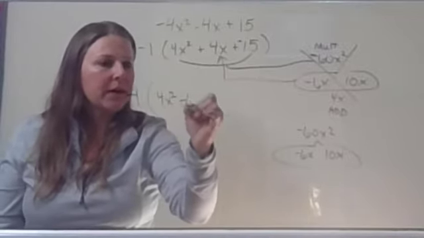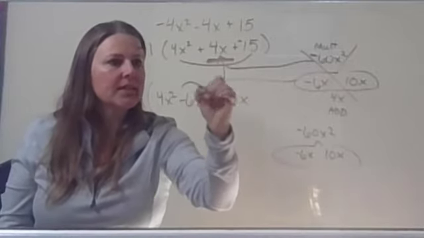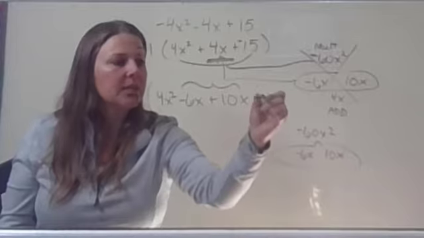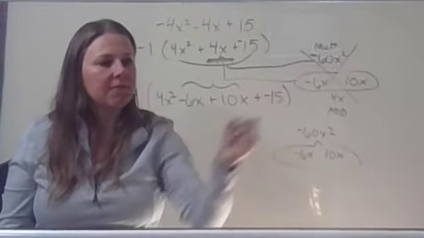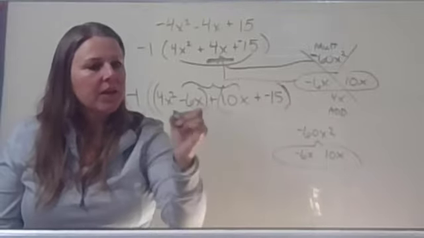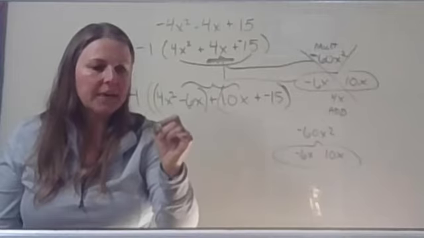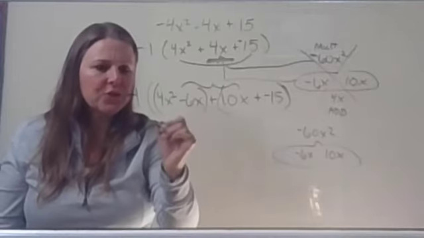So 4x squared minus 6x plus 10x, we've just substituted this in for the 4x, and then we still have that plus negative 15. So we're going to group the first two and group the last two. The greatest common factor here, again, just keep that negative 1 coming down, is 2x.